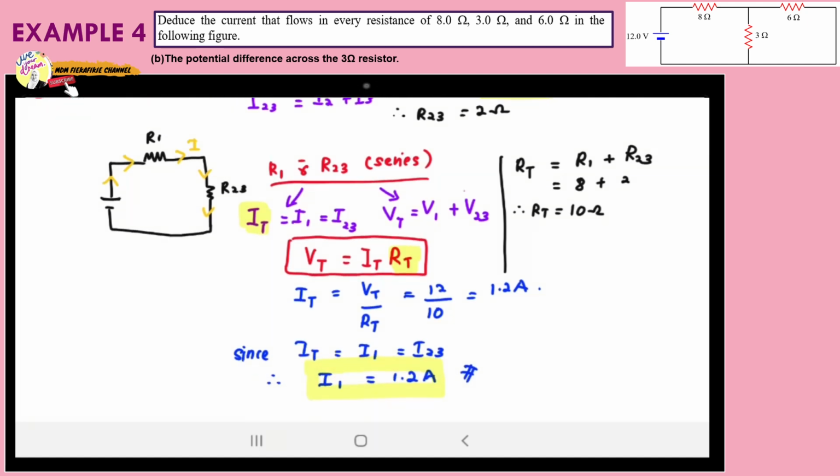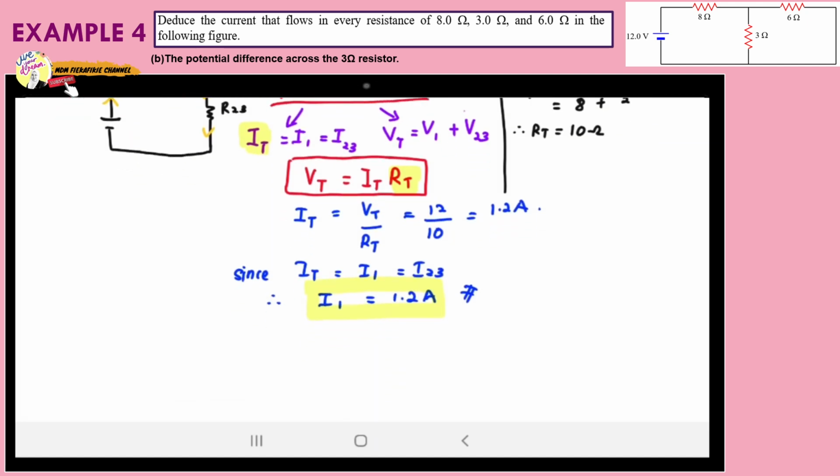So saya terus turun ke bawah. From here, kita ada I23. So now let's find V23, where V23 is equal to I23 R23. I23 dah ada ke belum? Dah.